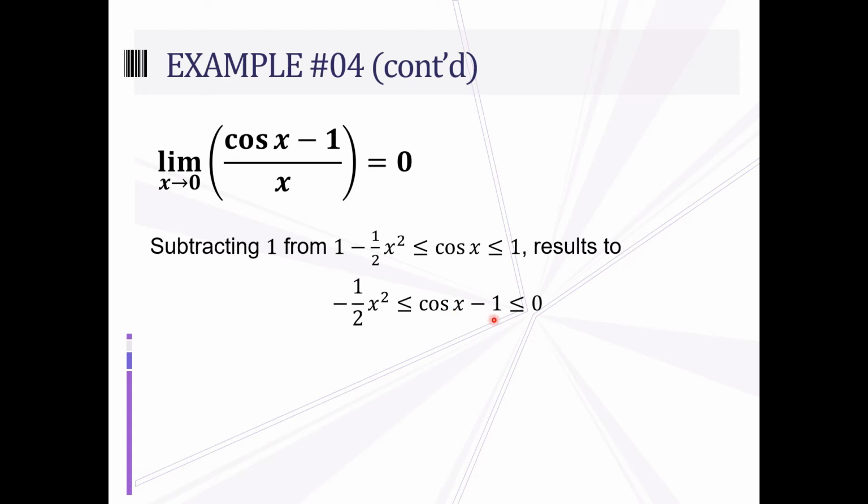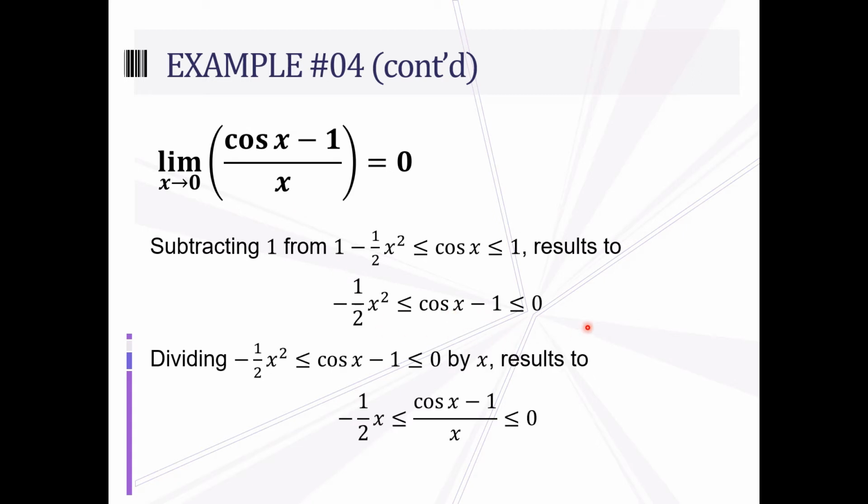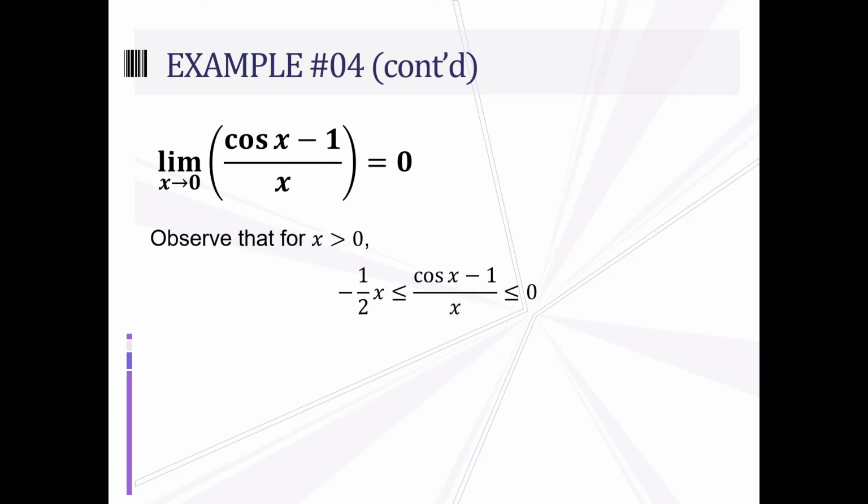So next thing that we will do is we divide the inequality by x. So dividing the inequality by x results to cosine x minus 1 over x is greater than or equal to negative 1 half x. So x na lang, nag-minus tayo ng isa doon. But less than or equal to 0. Observe that for x greater than 0, this inequality is true.